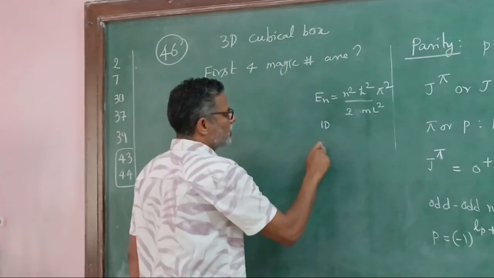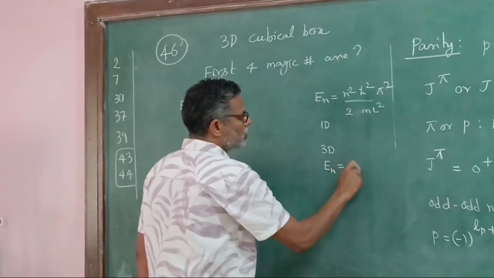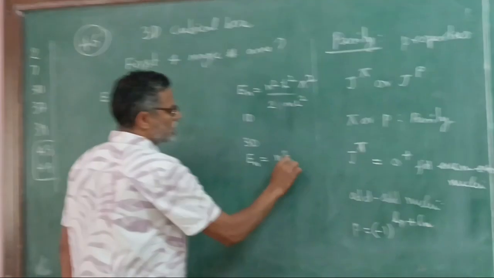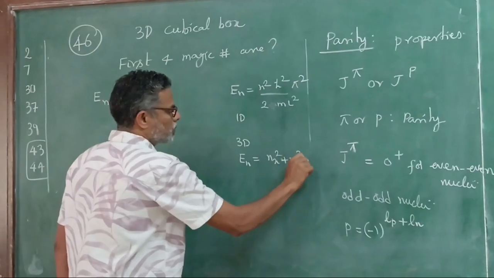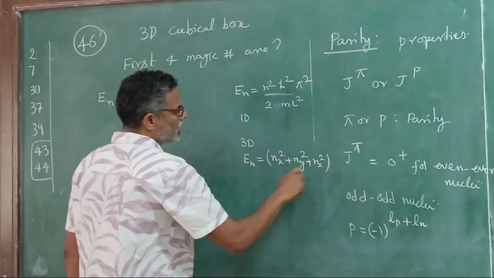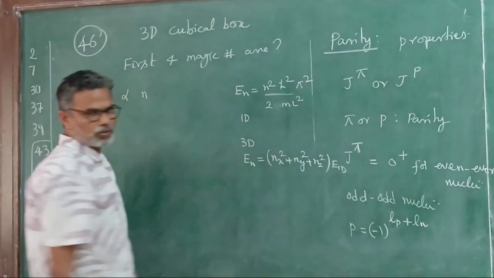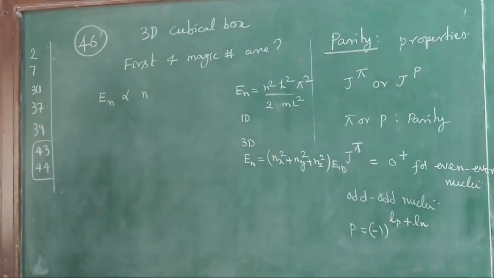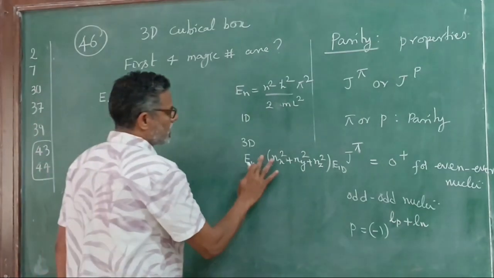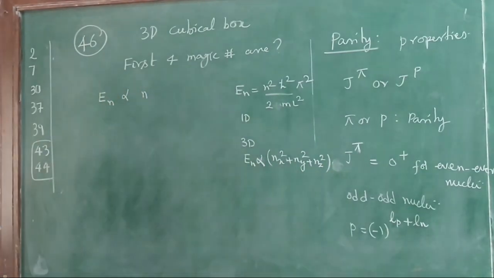If it is a one-dimensional box, this is it. If it is a three-dimensional box, your En will go as nx square plus ny square plus nz square times, let's say, E1. Basically, En is proportional to this.